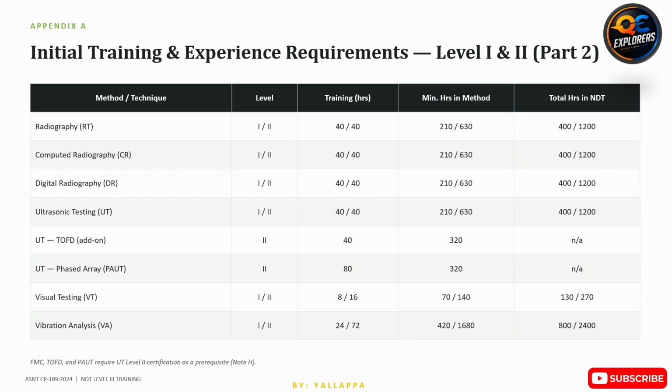Let's begin with radiographic testing, commonly known as RT. Radiographic testing is one of the oldest and most trusted volumetric inspection methods. It uses X-rays or gamma rays to produce an image of the internal condition of a component, allowing inspectors to detect discontinuities such as porosity, slag inclusions, lack of fusion, cracks, and internal corrosion without cutting the material open.